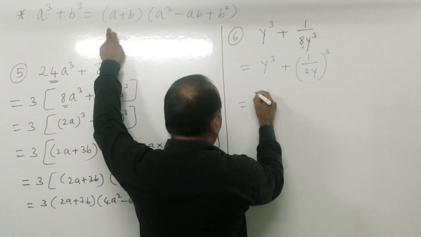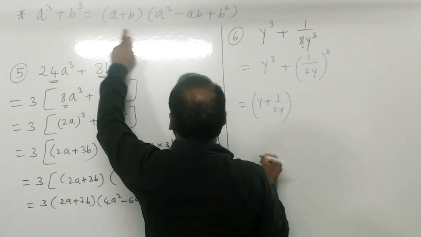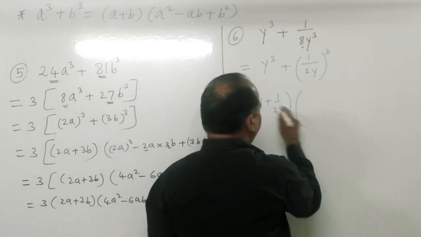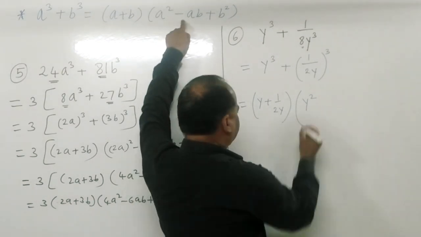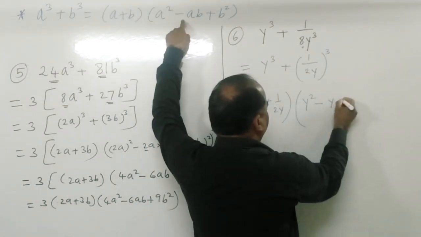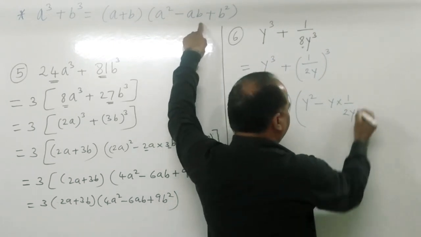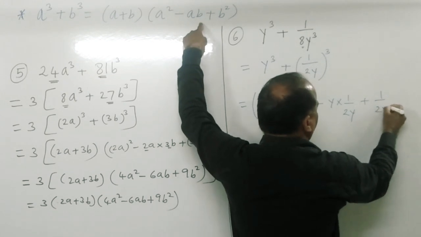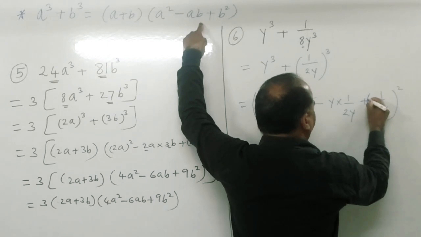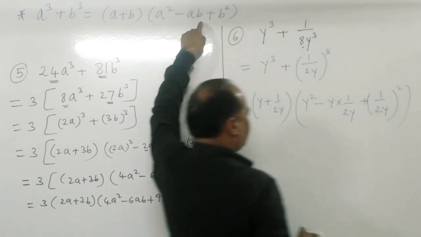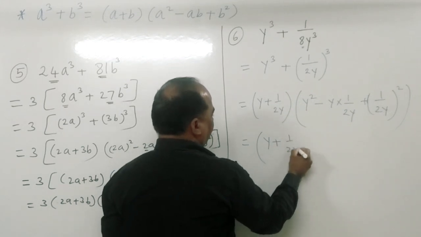First bracket a plus b, that is y plus 1 upon 2y in the first bracket. Second bracket from this bracket. So first is y square, a square, then minus sign, y into a into b, that is 1 upon 2y, plus 1 upon 2y bracket square, which is equal to first bracket y plus 1 upon 2y.